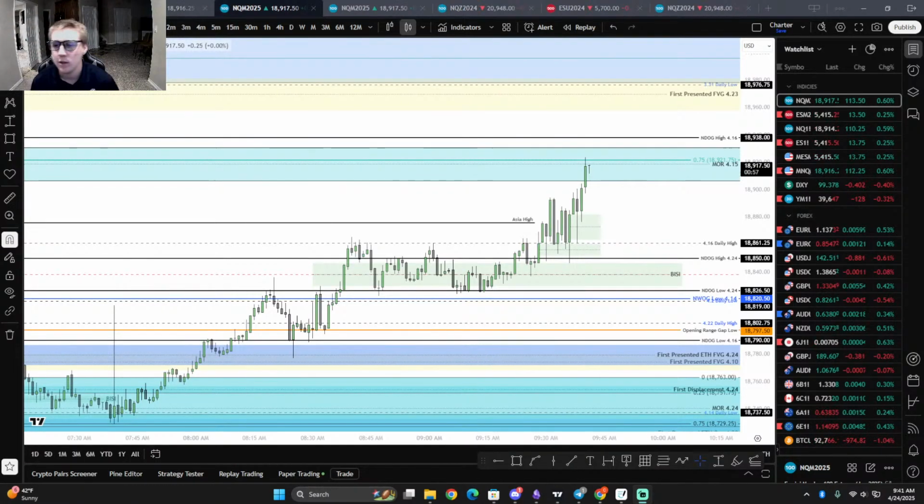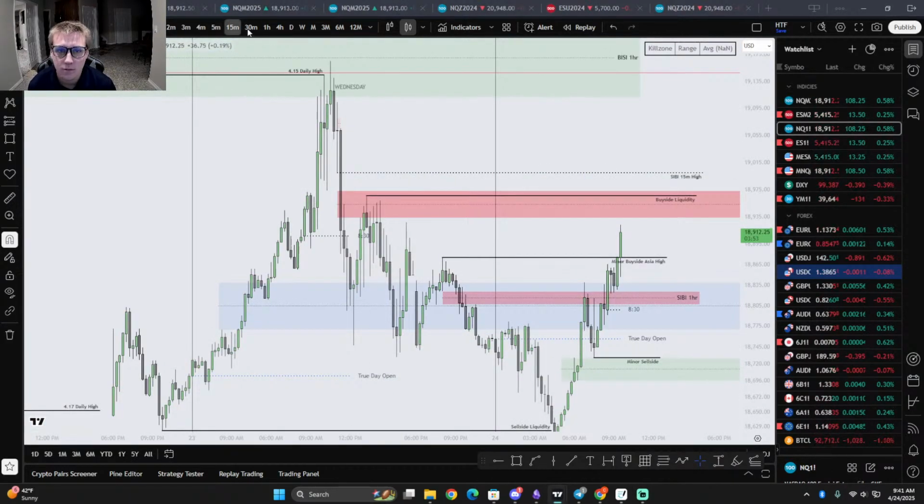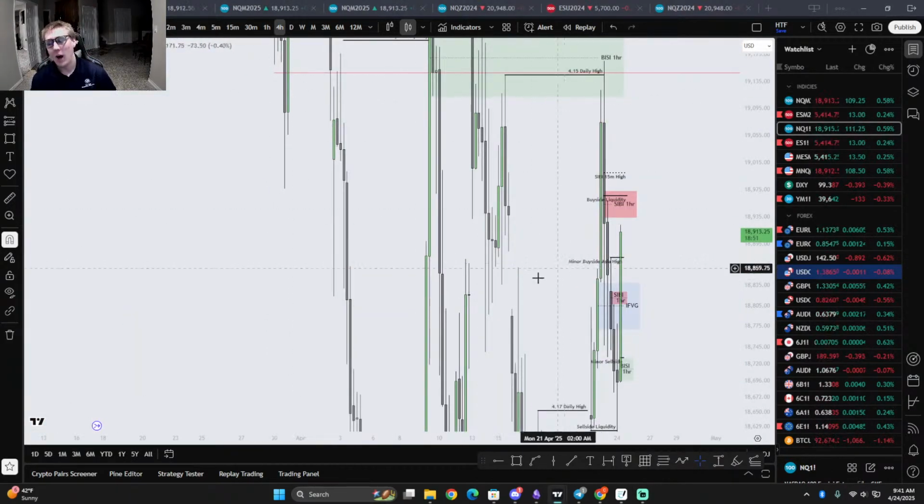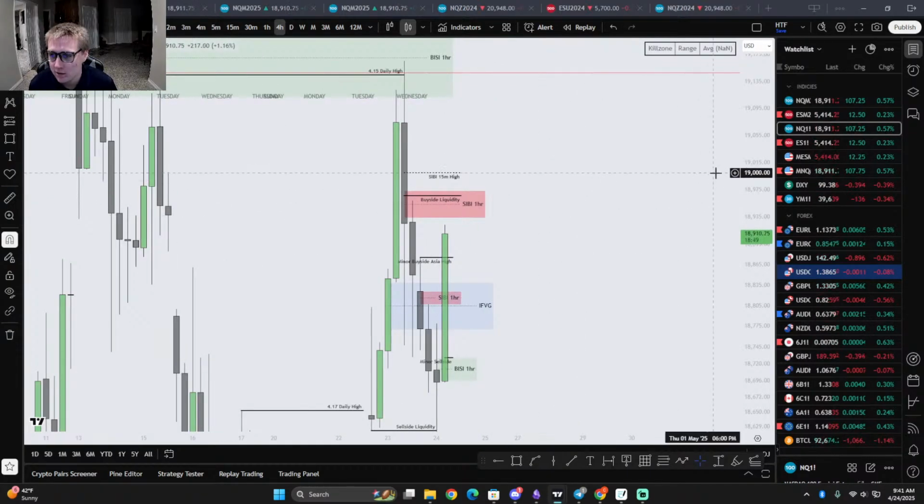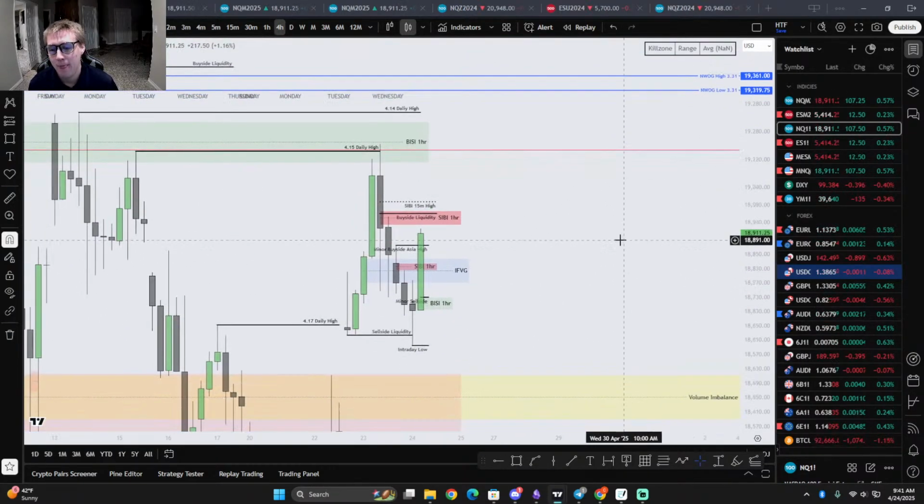Possible 4-hour SMT. I'm gonna keep it a buck, I literally have not looked for SMT at all in my trading. SMT is the one thing that I just don't like.